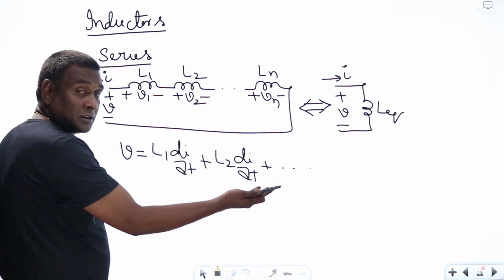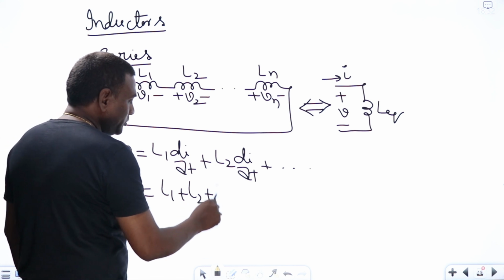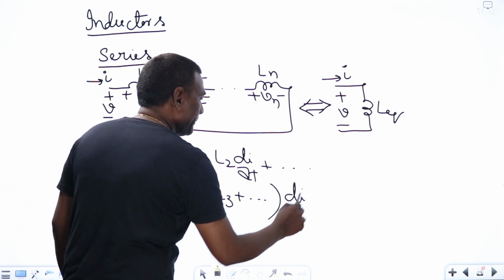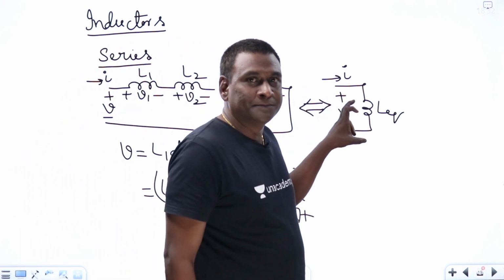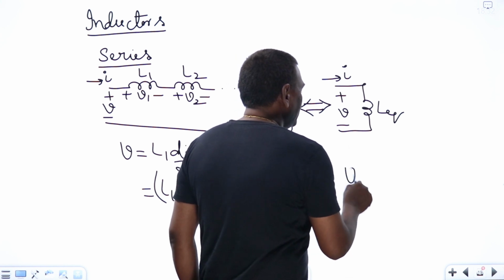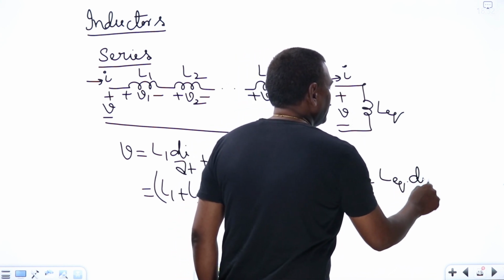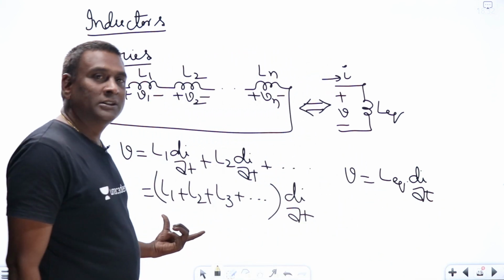Now if I take di by dt common, it is going to be L1 plus L2 plus L3 plus and so on, times di by dt. Now the same equation if I write for this particular voltage, what is V here? V is going to be L equivalent into di by dt.